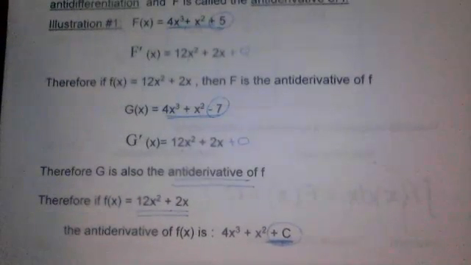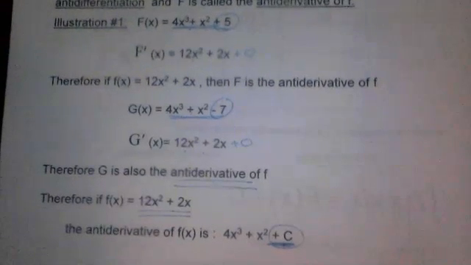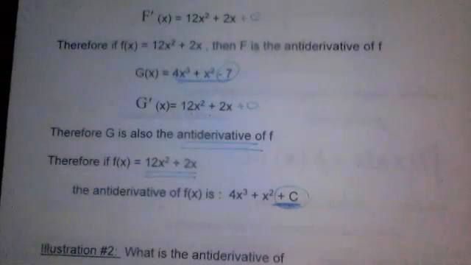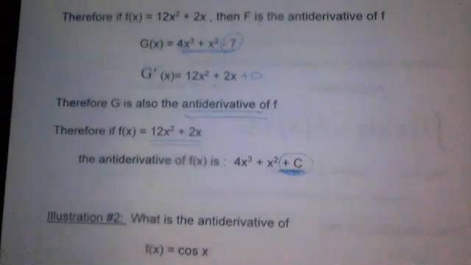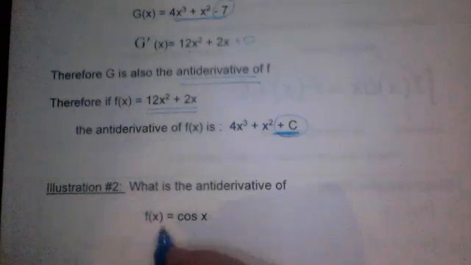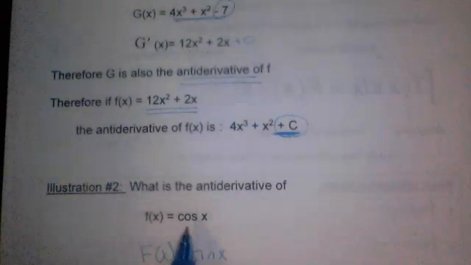And so we do add this plus c on the end to take into consideration the shift up or down. So the antiderivative is going to have some rules, kind of like we had rules for derivatives, so that we can go backwards, so we can figure out what the original function was. So let's look at this as an example. If I have the antiderivative of cosine, then my function prior to this, which we're going to call capital F of x, would have been sine, because the derivative of sine is cosine.